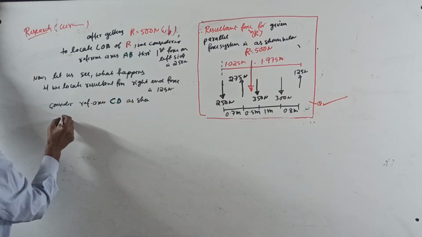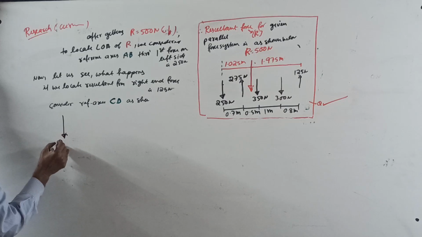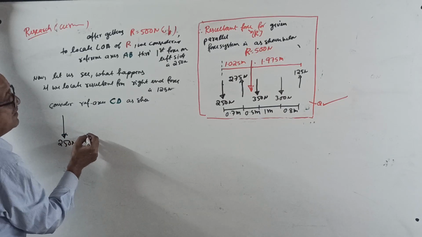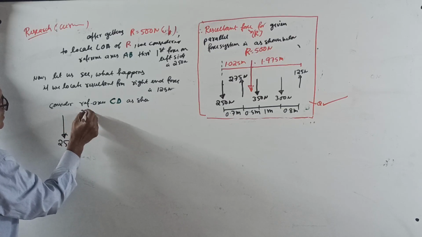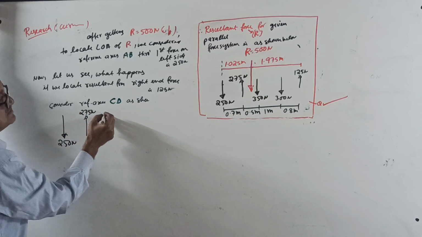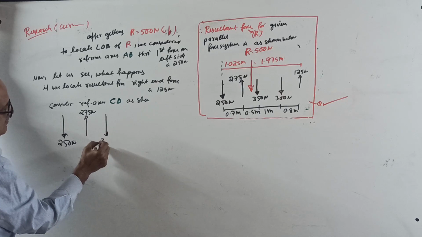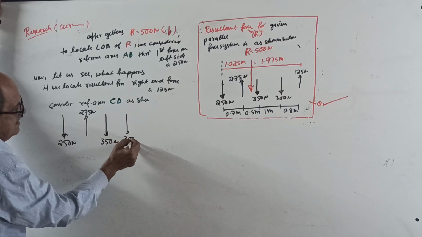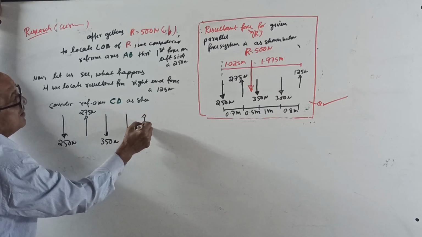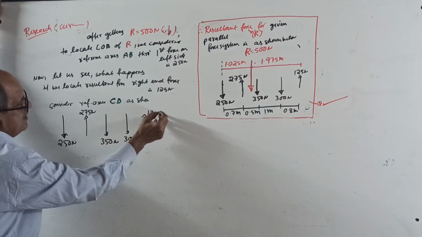Okay, right, once again sketch here. 250 Newton, 275 Newton, 350 Newton, scale is not maintained, 300 Newton and 125 Newton.